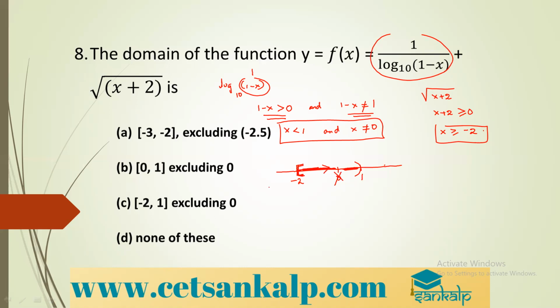It's given that x should be less than 1. That means you can break the interval at 0. You can take minus 2 to 1, but you should not take 0 in the middle. And that is option C. Take the interval minus 2 to 1.